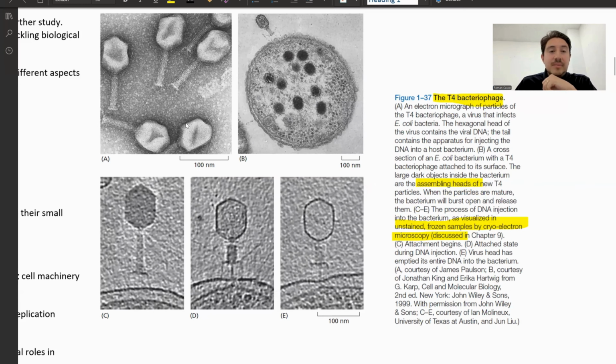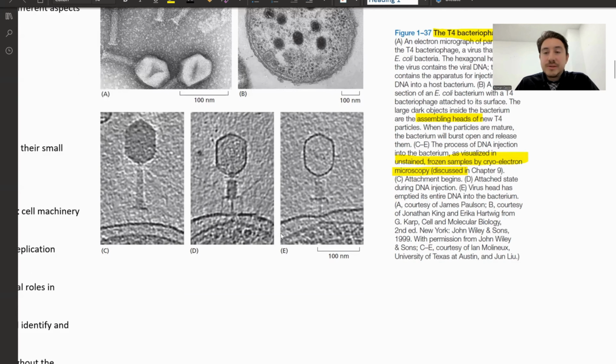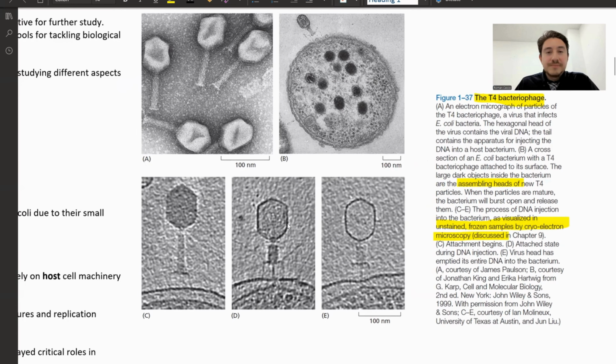You can see several bacteriophages pretty much assembling themselves within the host cell, and in an even more magnified electron micrograph, you can see a bacteriophage literally on the surface of the cell, where you can see its position injecting some of its genetic material into the host cell. These are cryo-electron micrographs. Okay, very beautiful, actually.